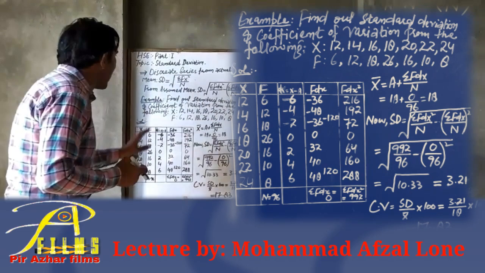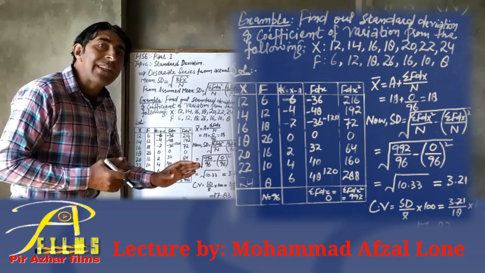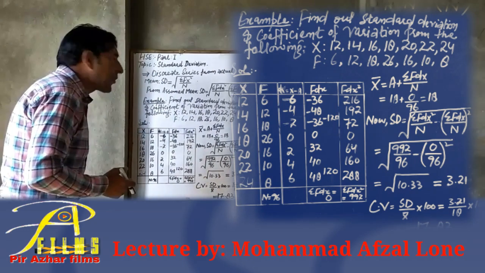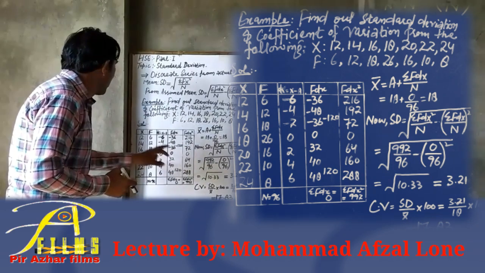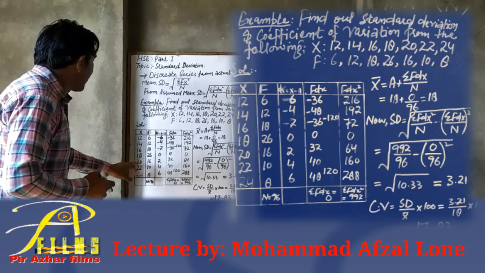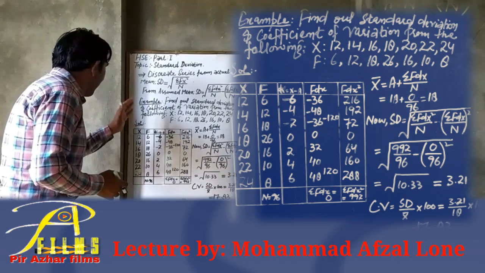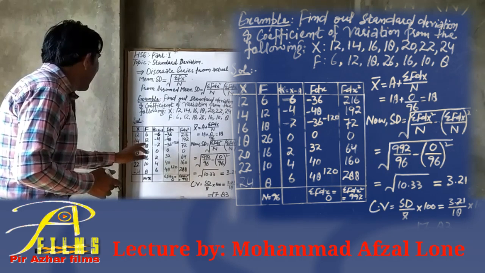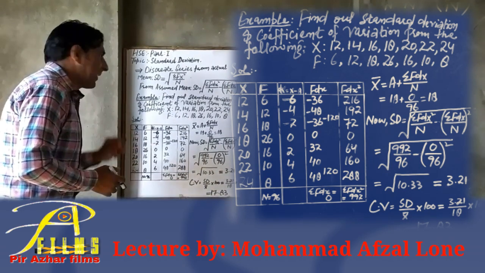Now let us start how standard deviation is calculated in a discrete series. We have a table here. In the first column we are taking the variable as x and the values 12, 14, 16, 18, 20, 22, 24, and the frequency 6, 12, 18, 26, 16, 10 and 8.